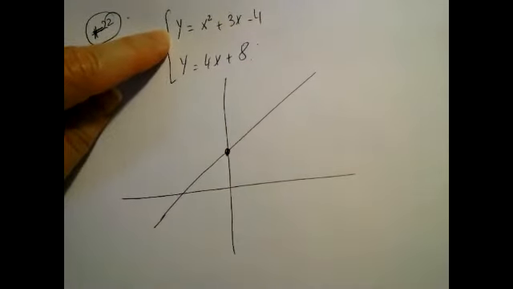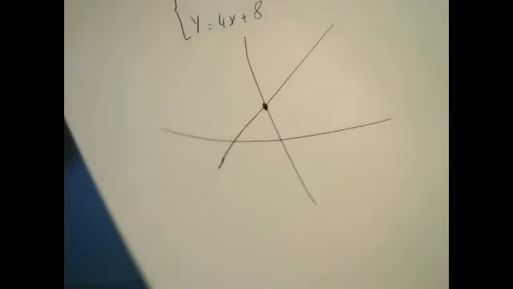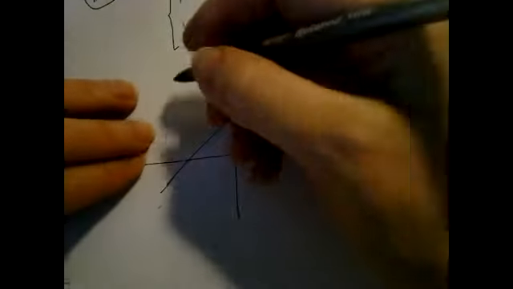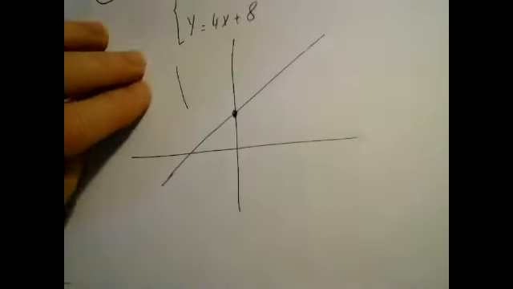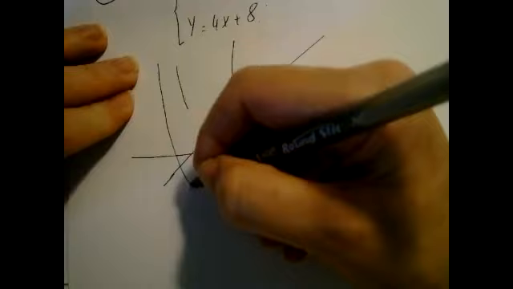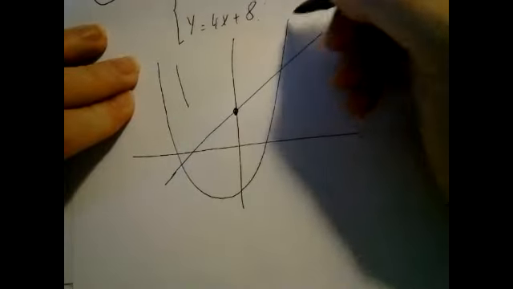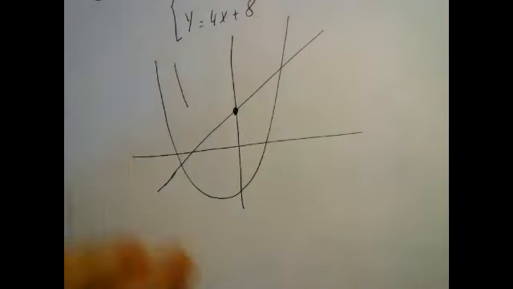X squared plus 3x minus 4, that's probably new to you, but soon enough you should be able to sketch that. So that's a typical parabola, and it's going to go like that. So that's really the graph.